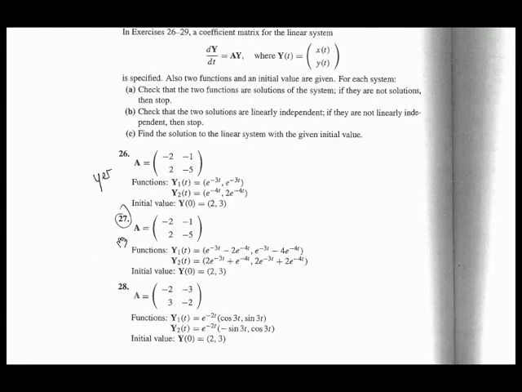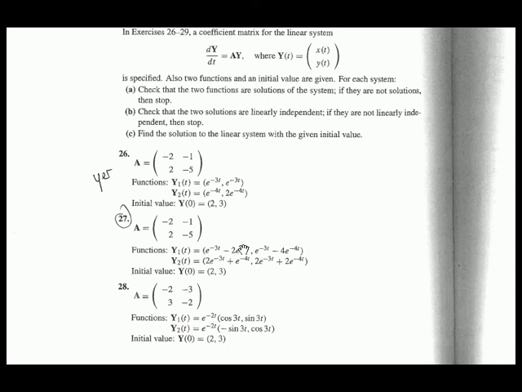Your homework problems in this section, 27, they pull these two solutions out of the hat. Somehow they look like they're just randomly chosen, but they're very carefully chosen, and you're supposed to verify that they are solutions. Well, I think they are. You're supposed to check to see if they are anyway.